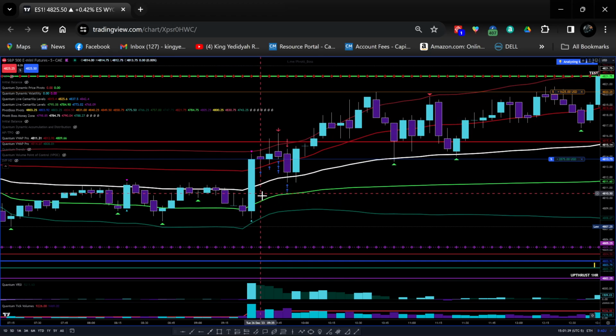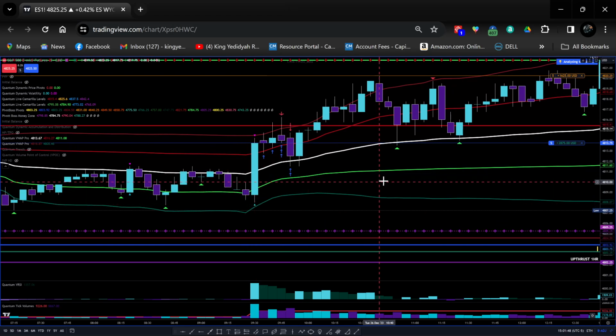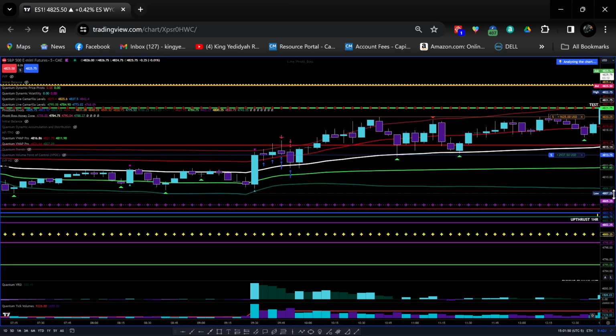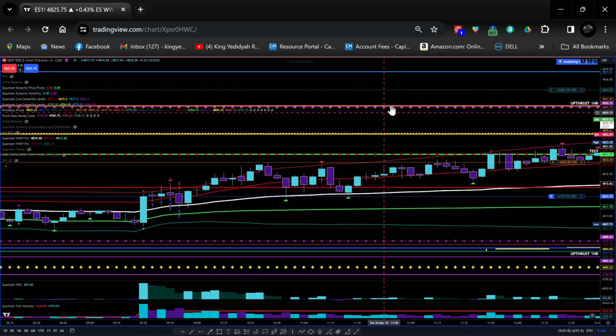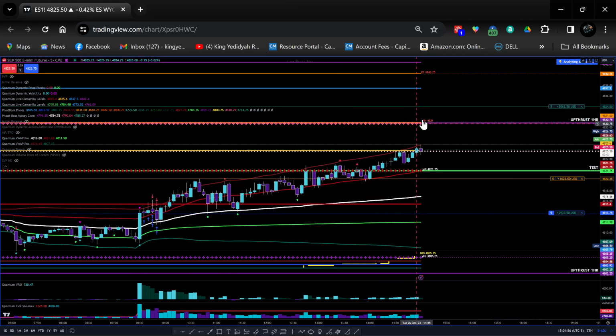It's a high probability percentage that if we don't touch the central pivot range at the open, we're most likely going to get to floor pivot R1 and possibly even close above floor pivot R1, right? So this has a very, very high percentage of getting hit today.